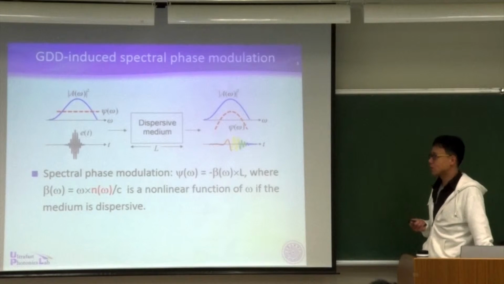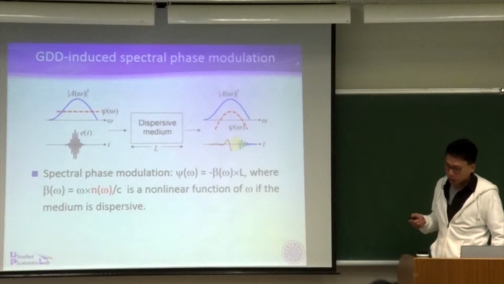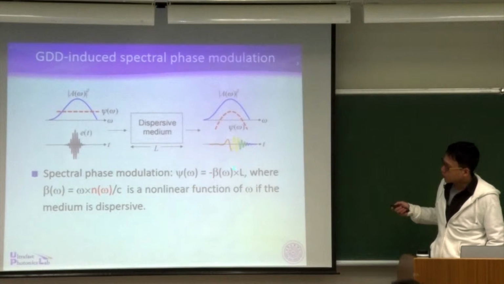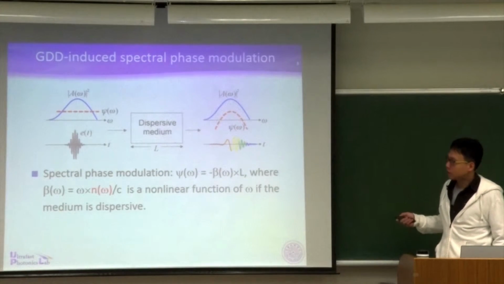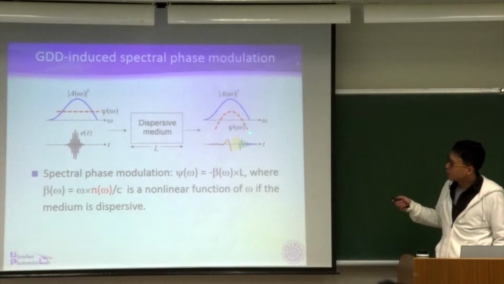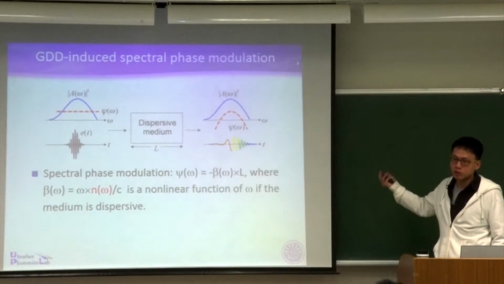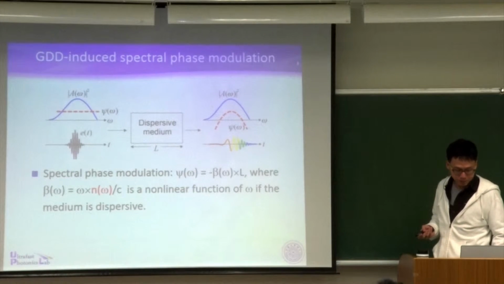It's a dispersive medium, you get a nonlinear function of beta. And this formula tells us if you have a nonlinear function of beta, you have nonlinear spectral phase modulation, starting with second order function, parabolic function. You can have higher order terms, of course.